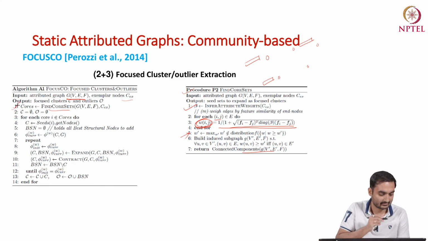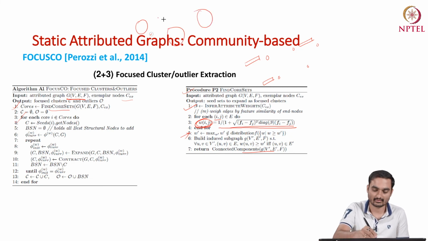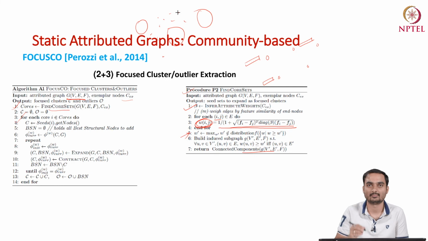So, we find such cores. Let us say this is one core, another core, another core, and there are nodes which are not part of any core. For every core we take all its corresponding nodes and measure the conductance. We discussed the conductance cut in the community detection chapter.